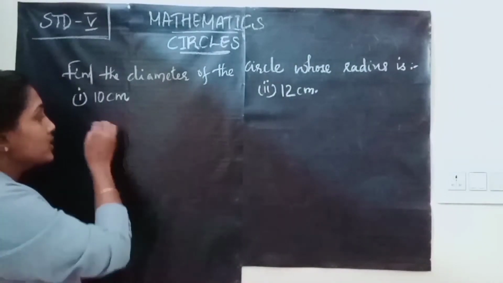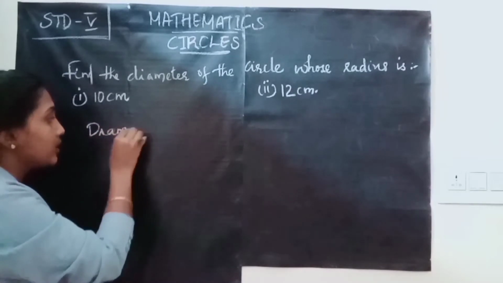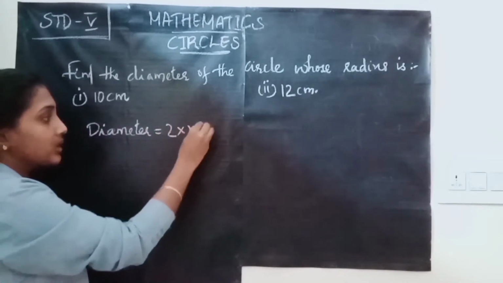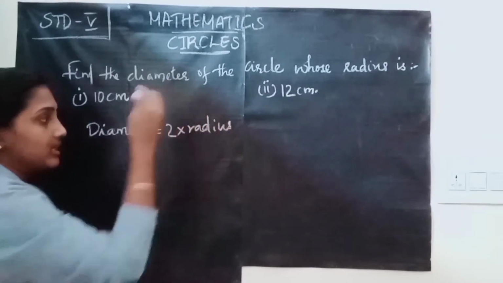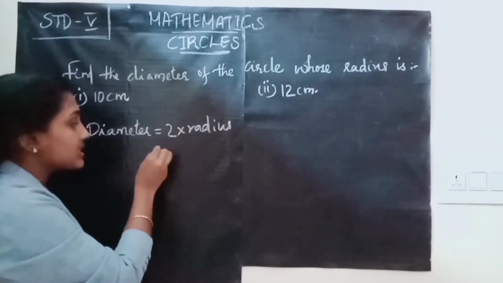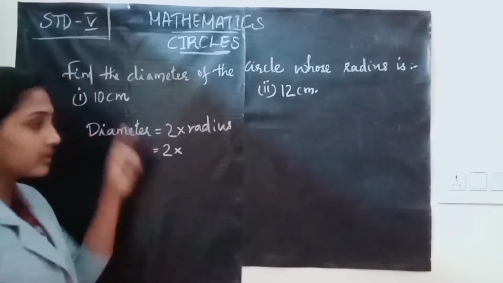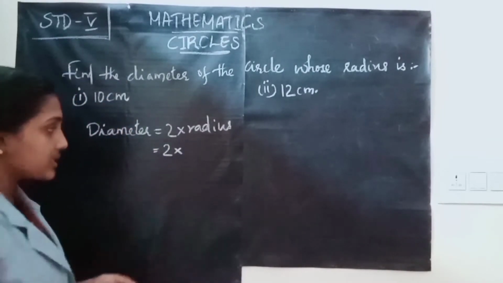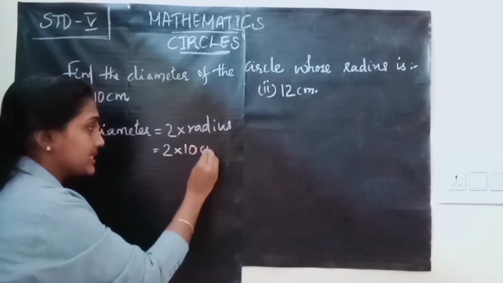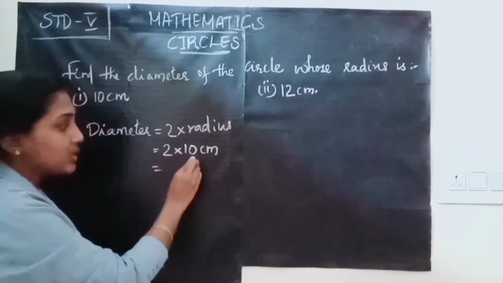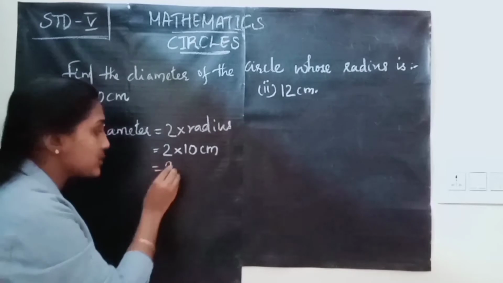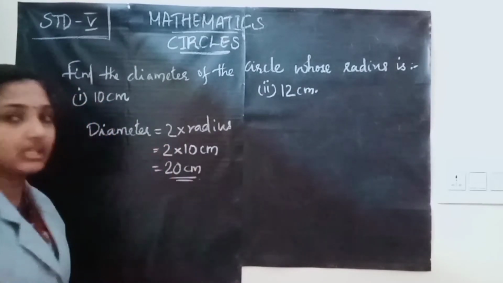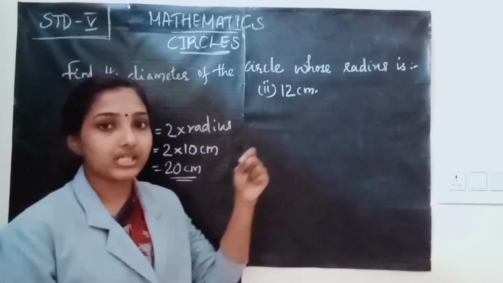So to find the diameter, we know the relation that diameter is equal to 2 into radius, right? And it is equal to 2 into 10 centimeter. Multiplying it, we will get the answer as 20 centimeter.